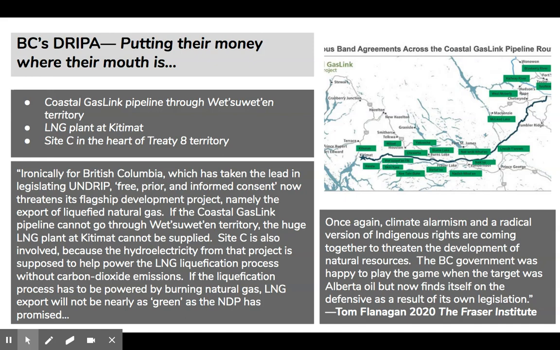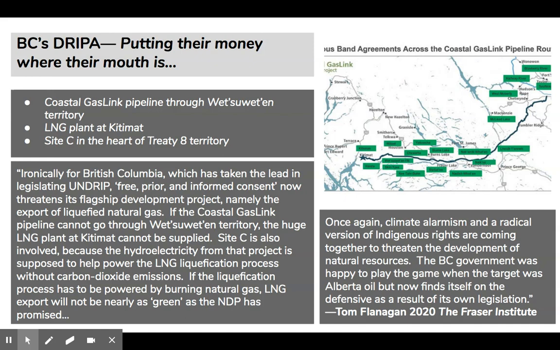Tom Flanagan, an outspoken conservative political scientist at the U of C, recently described it this way. "Ironically for British Columbia, which has taken the lead in legislating UNDRIP, free, prior, and informed consent now threatens its flagship development project, namely the export of liquefied natural gas.